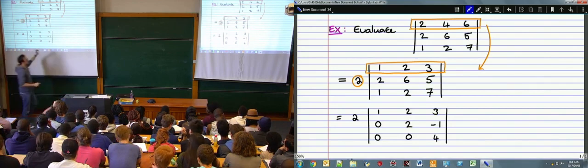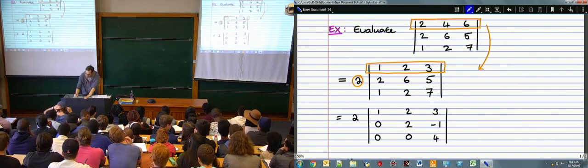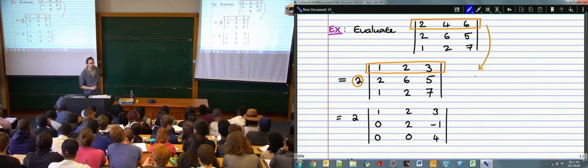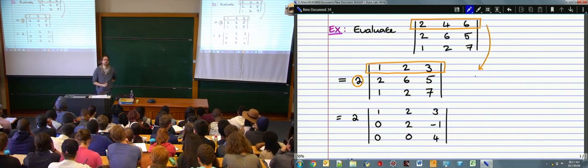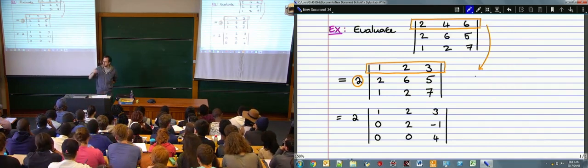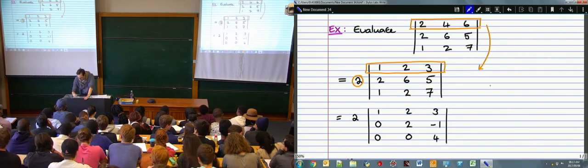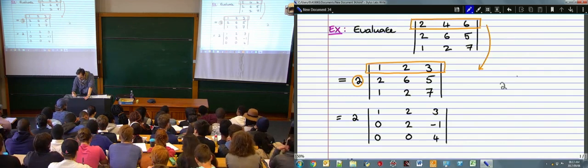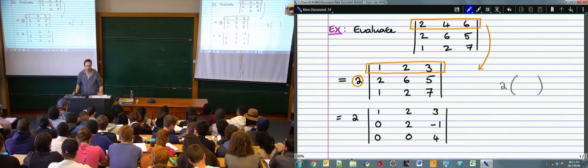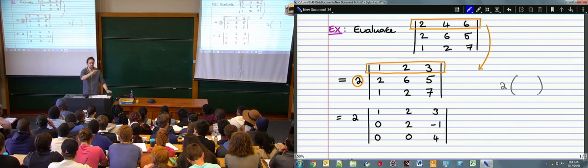This is maybe actually a good point, because I guess a common mistake that people make, or that I've seen made before, is that if you are taking 2 and you just multiply it by a matrix, right? Then that 2 multiplies every entry in the matrix.